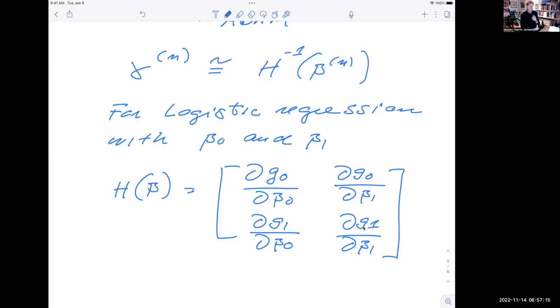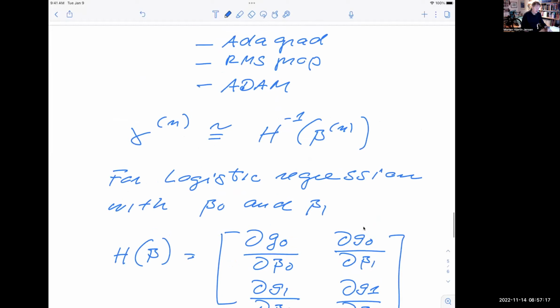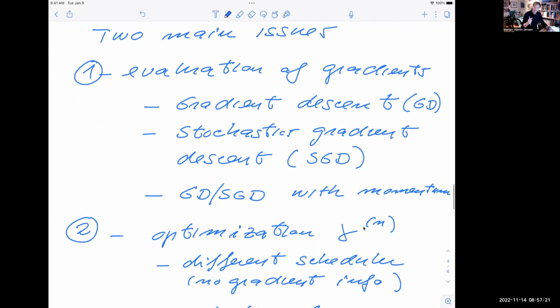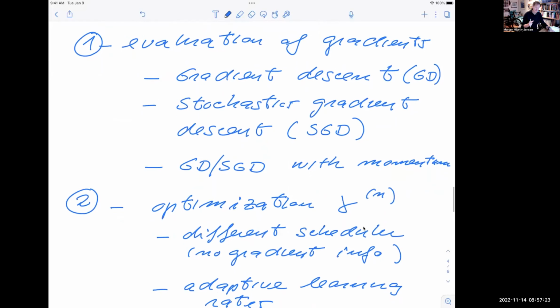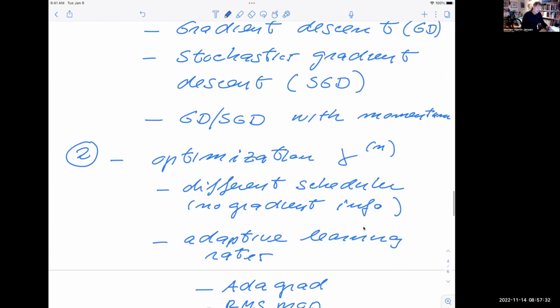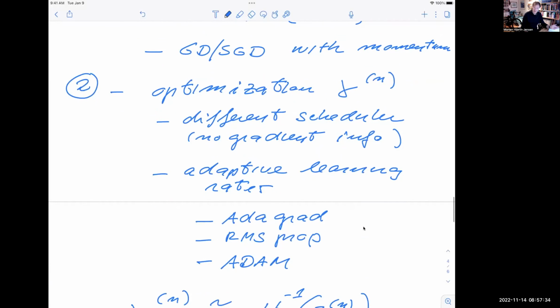So what these different methods deal with are actually ways to, one, evaluate the gradient in an efficient way. And that's normally done either by gradient descent or by stochastic gradient descent, or with variants, with so-called momentum addition.